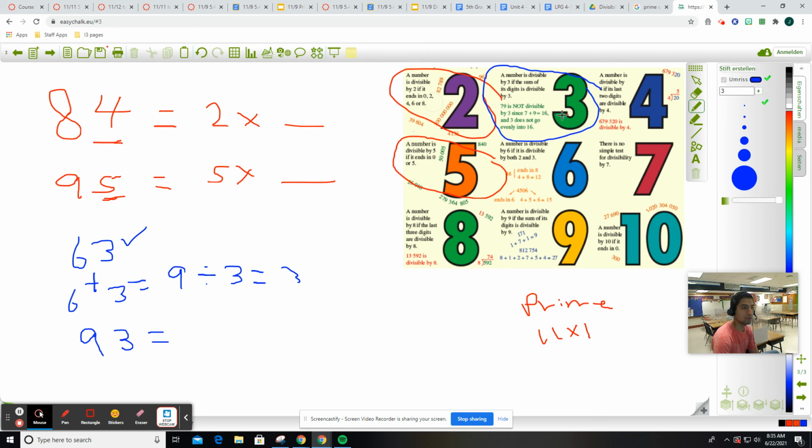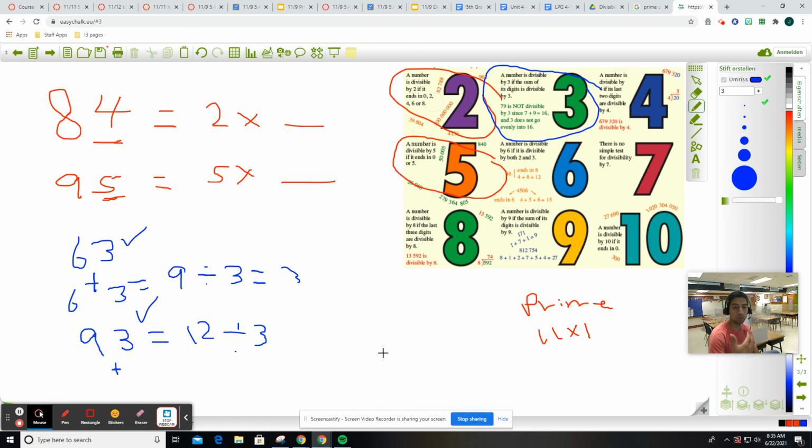So I'm going to go ahead and try the rule of 3 here. The rule of 3 says if I add these two numbers, I should be able to divide the sum by 3. Well, 9 plus 3 will give me 12. Well, 12 is divisible by 3, right? I can divide 12 by 3. So this one works. That means this is a composite number, right? It's not a prime number.